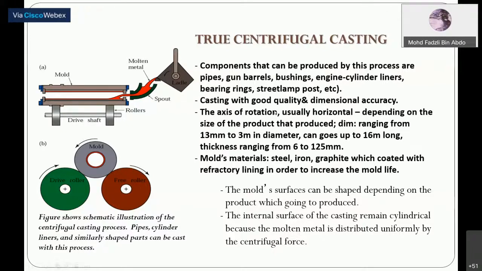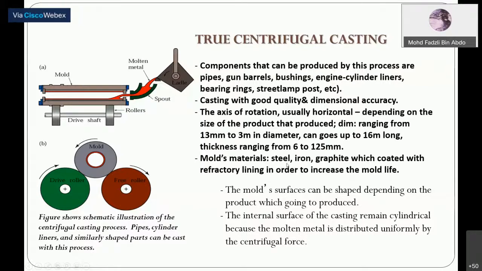Okay. Casting with good quality and dimensional accuracy. And then the axis of rotation usually horizontal, depending on the size of the product they produce, ranging from 13 to 3 mm diameter can go up to 16 meter long. Maksudnya panjang lah. Thickness ranging from 6 to 1 to 5 mm.